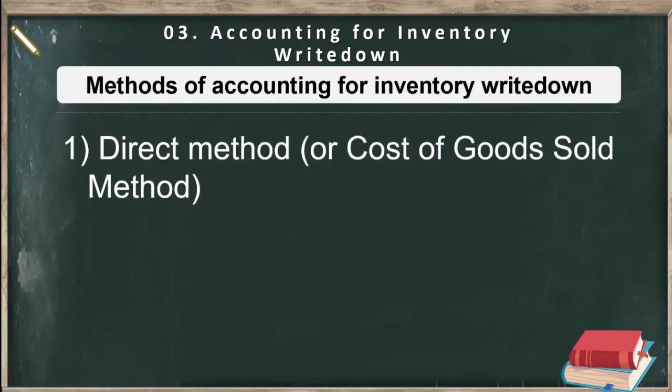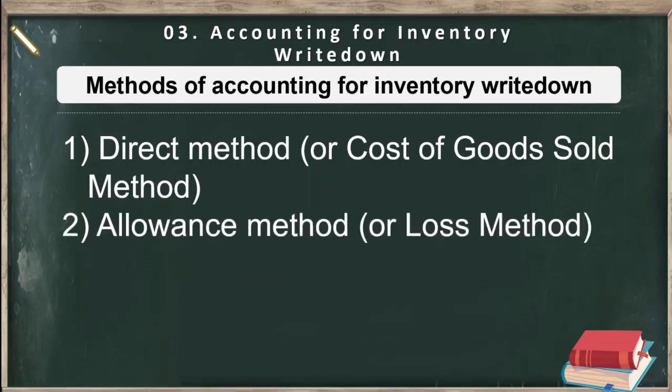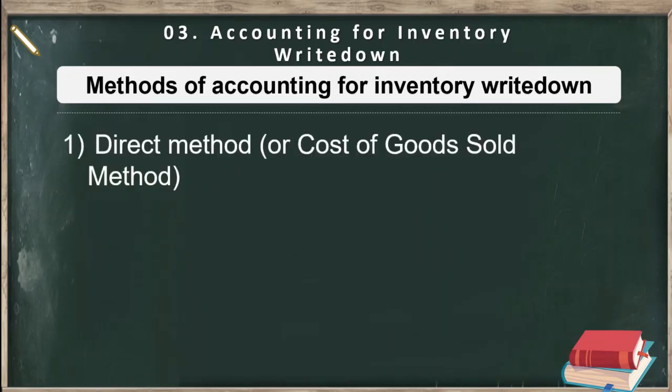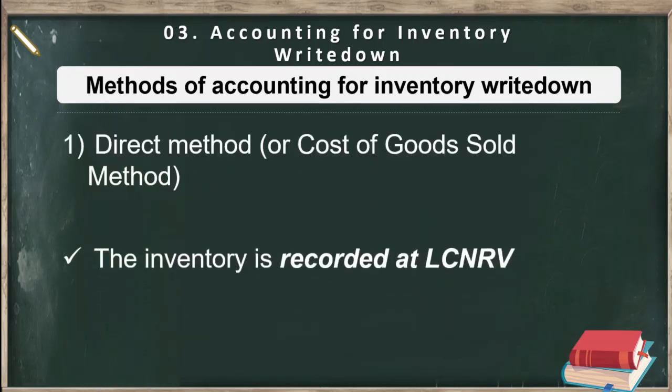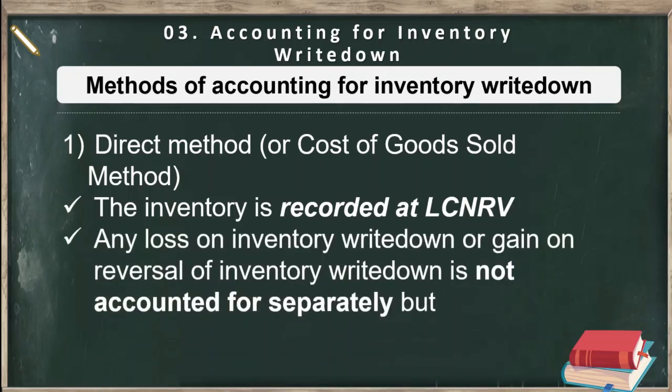So there are methods in accounting for inventory write-down. We have two: the direct method or the cost of goods sold method, and the allowance method, which is also called the loss method. In the direct method, or the cost of goods sold method, the inventory is recorded at LCNRV. So automatically, when we prepare the entry, we're going to record it at the lower between the cost and the net realizable value.